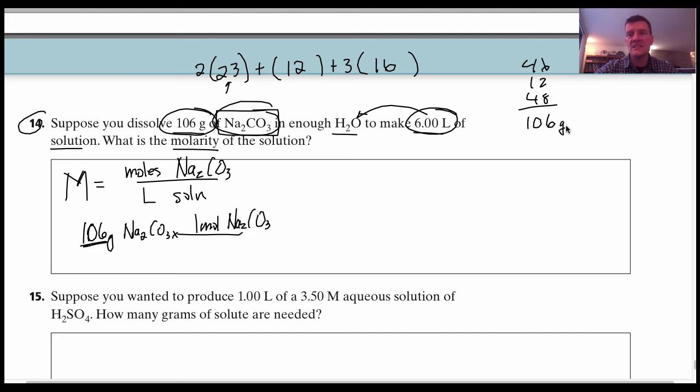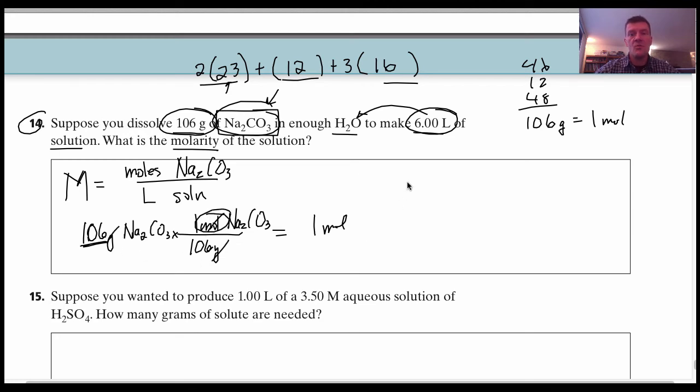Well, that is exactly what 1 mole is. From the periodic table, I found the molar mass of sodium carbonate. So it looks like I have 1 mole. So 106 grams, 106 divided by 106 is 1 mole.